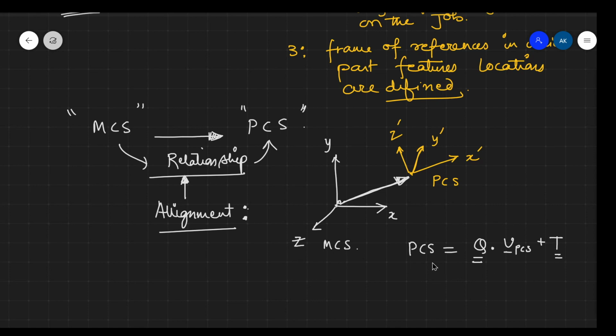So this is pretty much it. Any vector in the machine coordinate system will be equal to some rotation of the vector in the part coordinate system plus some translation. So this is the general relationship, but this we are not supposed to do.